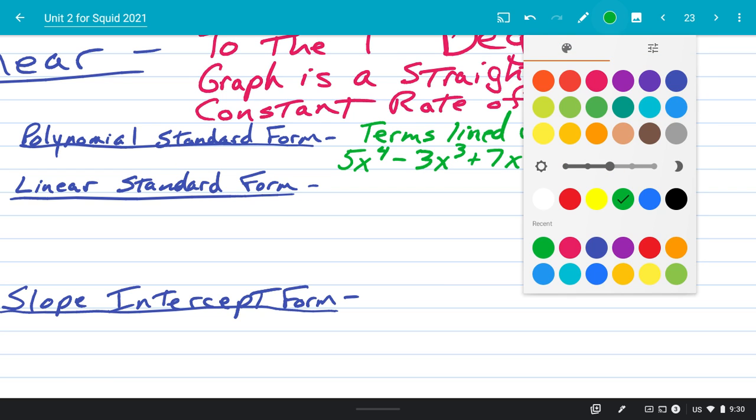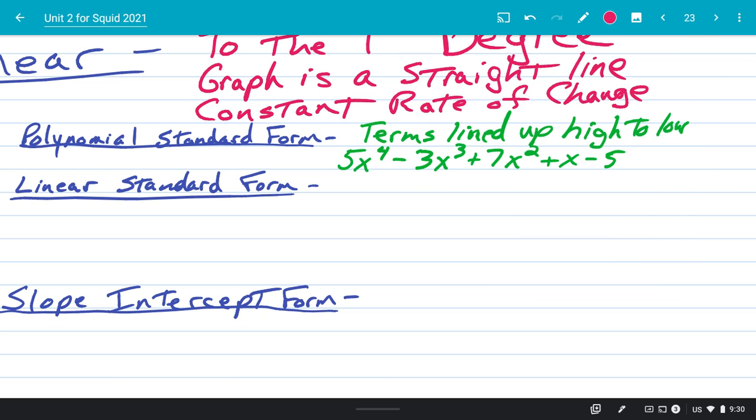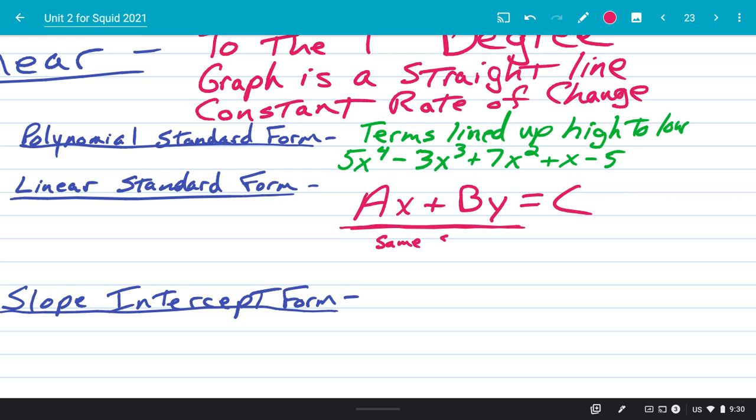I changed colors there because it's not really something I'm dealing with now. I'm just introducing it for you, and we'll come back to that later. But linear functions also have a standard form, and the standard form for a linear function is ax plus by equals c. Basically, what I want you to get out of that is that your x and your y are on the same side. We've already dealt with some of those.